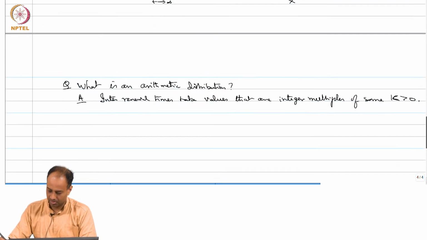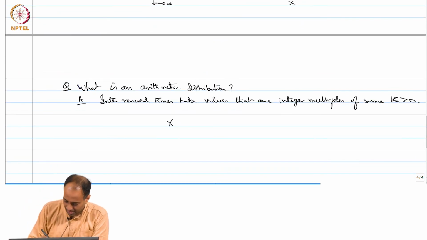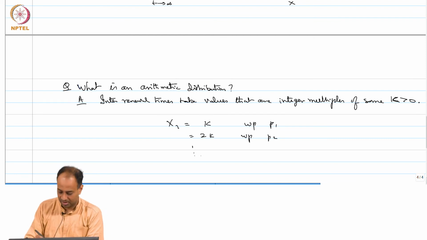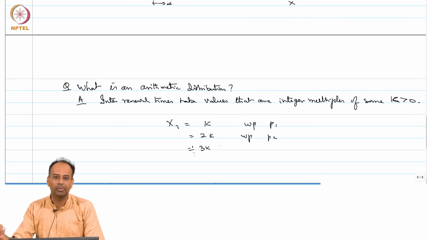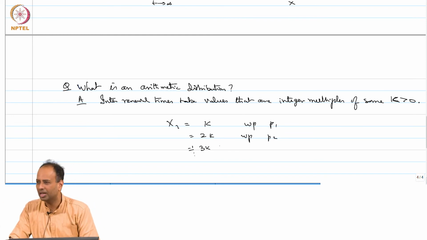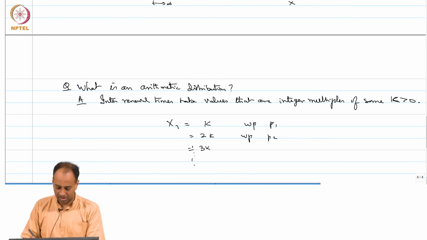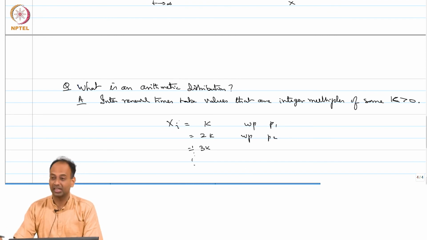So, it will be like X_i will be kappa with probability p1, 2 kappa with probability p2, and so on. It should take values only kappa, 2 kappa, 3 kappa, etcetera, for some kappa greater than 0. Kappa can be any positive real number. Okay, this sort of a distribution is known as an arithmetic distribution.